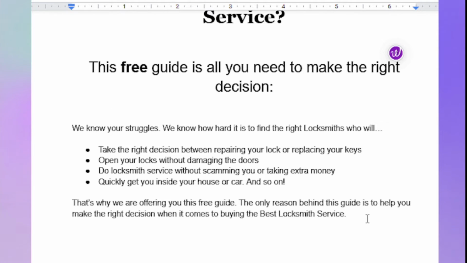That's why we are offering you this free guide. The only reason behind this guide is to help you make the right decision when it comes to buying the best locksmith service.